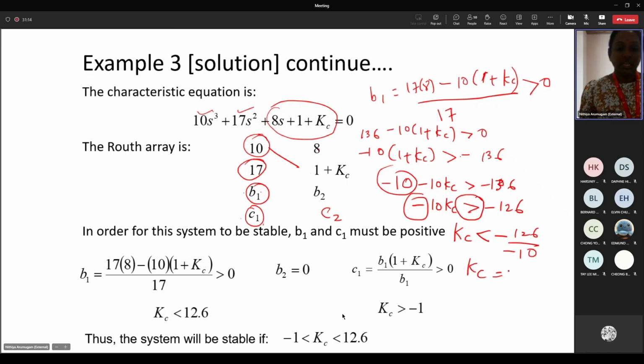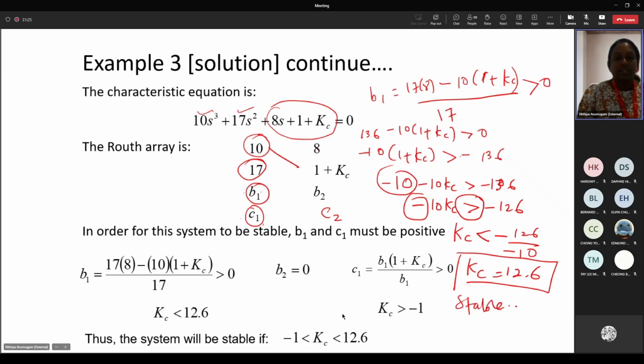Kc is less than 12.6. So if you notice, the Kc here is a positive value, so we can say the system is stable.